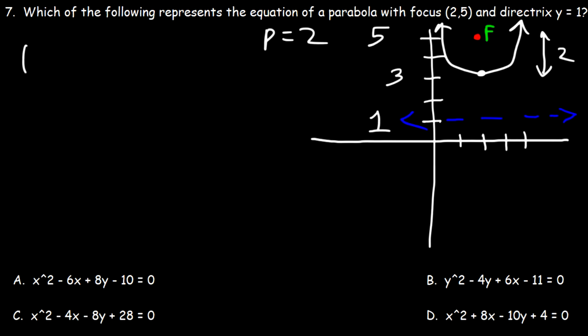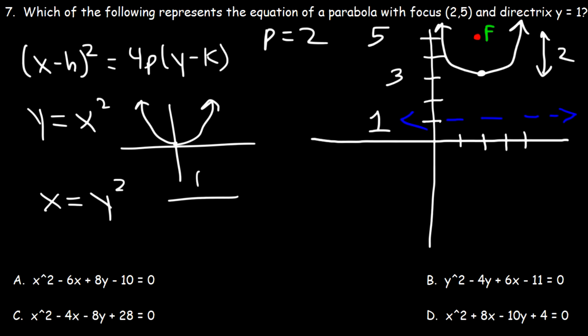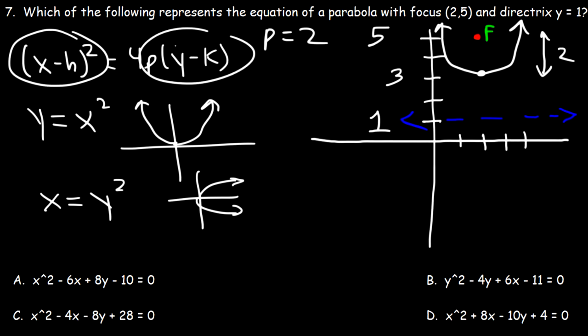It's going to be (x minus h) squared, which is equal to 4p times (y minus k). And p is positive too because it opens upward. So remember this, y equals x squared is a graph that opens upward. And x equals y squared opens towards the right. So we have an x squared and a y, which correlates to this function.